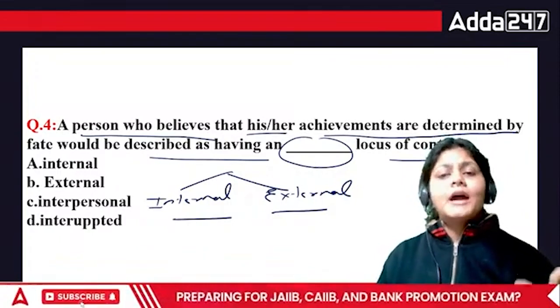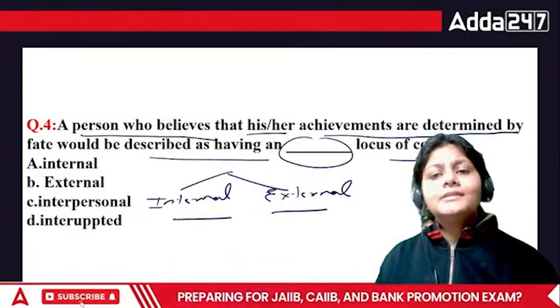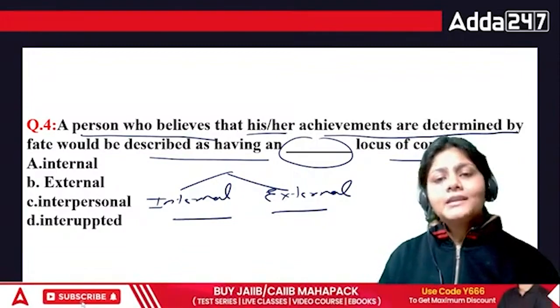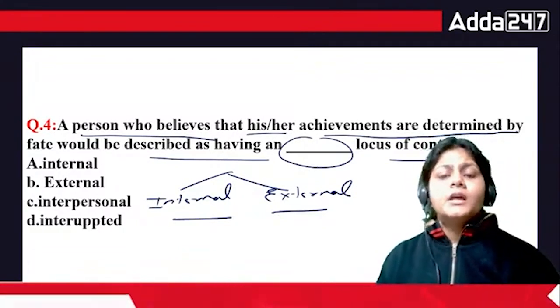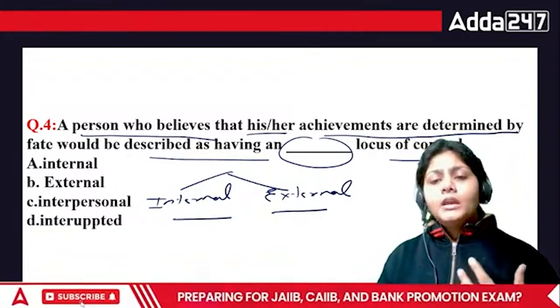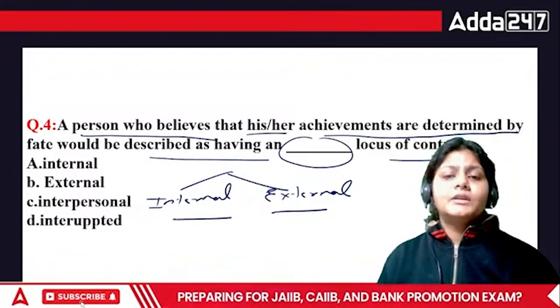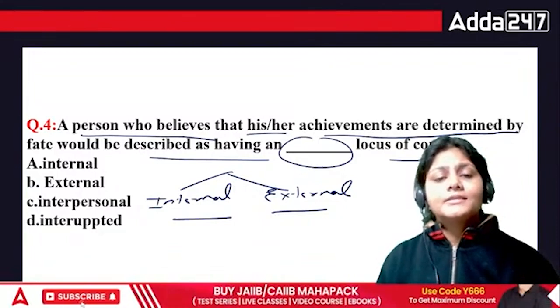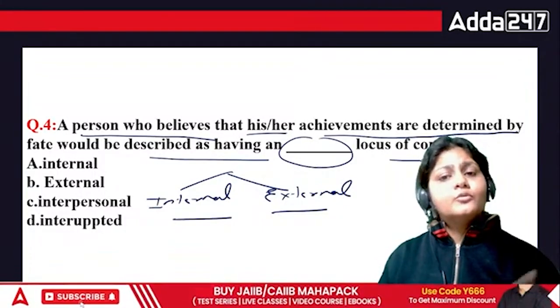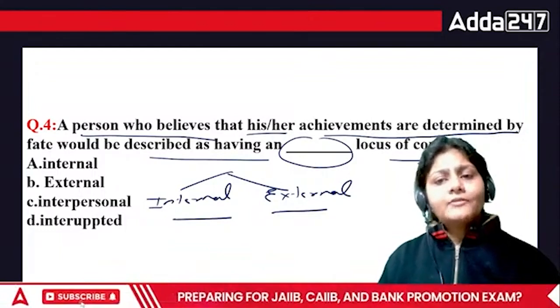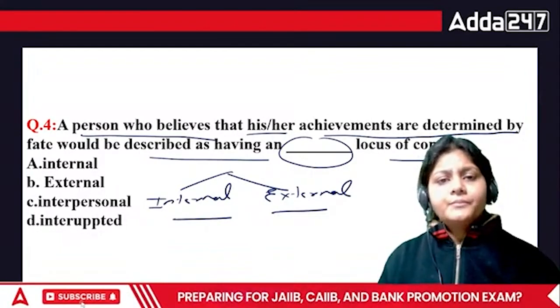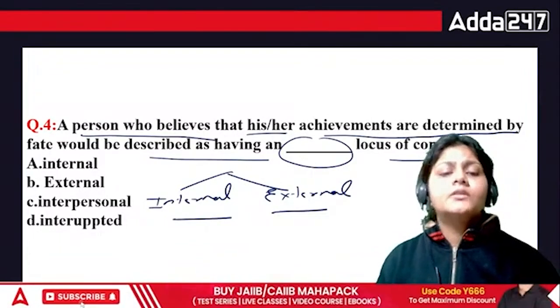And if my belief is that whatever happens in my life is because of my destiny, my fate, my luck, that means I have an external locus of control. So to whom am I giving the blame? If I blame myself, if I am the responsible one, that means I have an internal locus of control.